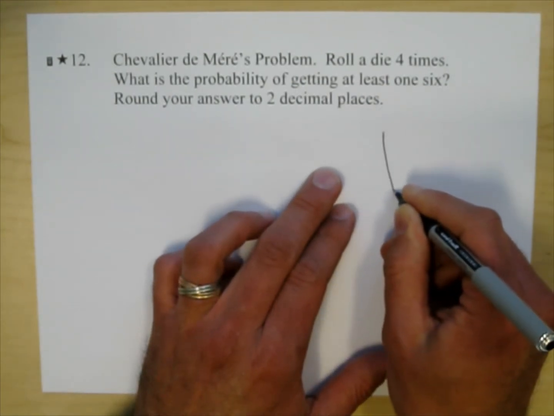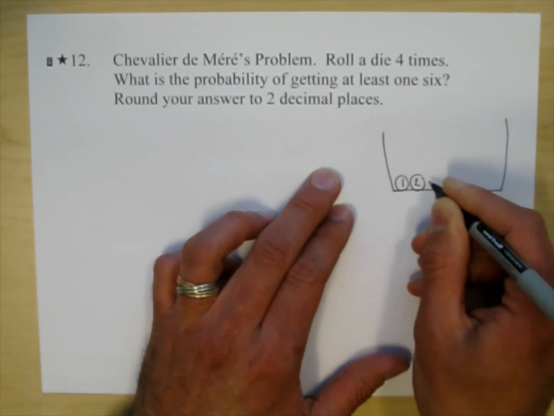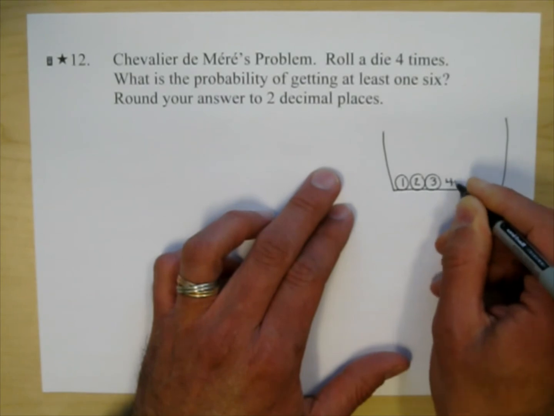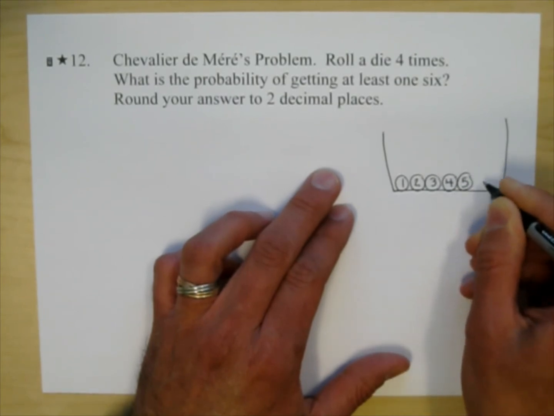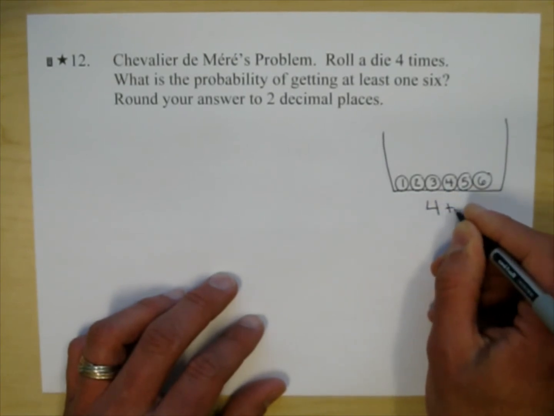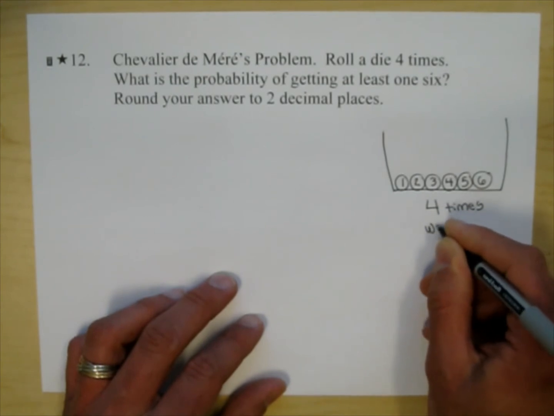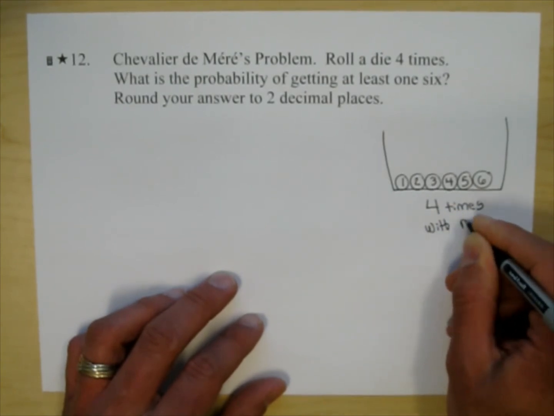So rolling a die, 1, 2, 3, 4, 5, 6. We're going to roll the die 4 times. So I'm pulling marbles out of the box 4 times, and this is with replacement.